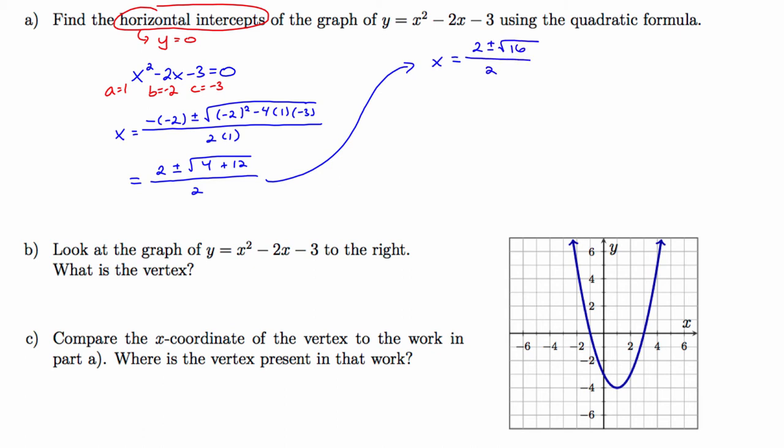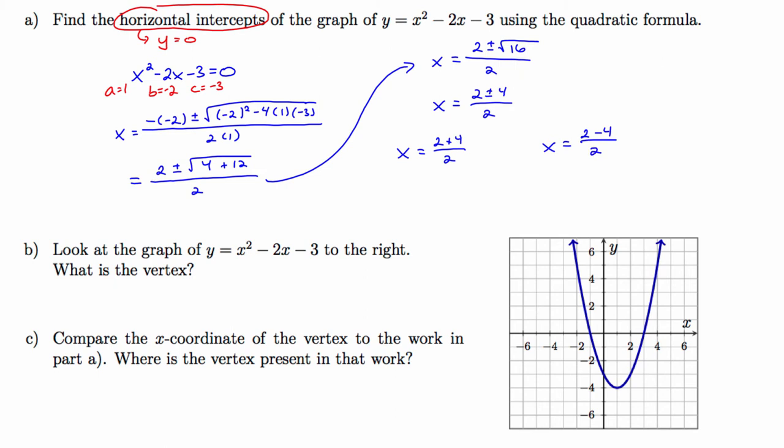We can go one step further while keeping it in this condensed form. The square root of 16 is 4. So we now have x equals 2 plus or minus 4 over 2. At this point, we will need to separate it into the two possibilities. One possibility is that x is equal to 2 plus 4 divided by 2. The other possibility is that x equals 2 minus 4, all divided by 2.